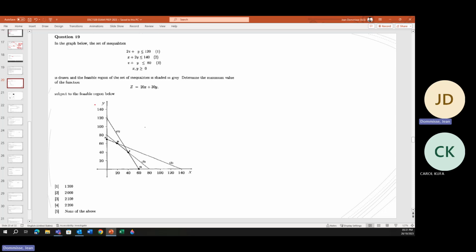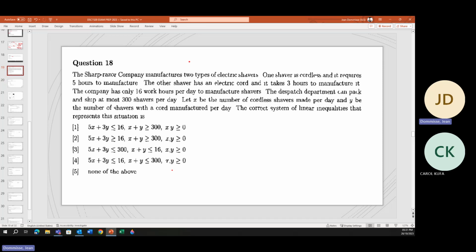Later on, we will look at other equations also to do with linear equations and programming, but let's first get to this one. So they tell us a sharp razor company manufactures two types of electric shavers.